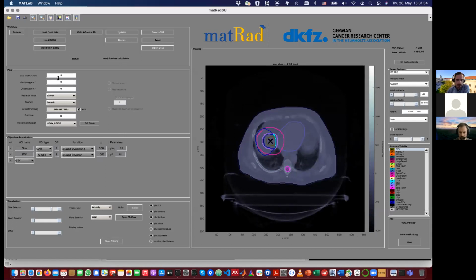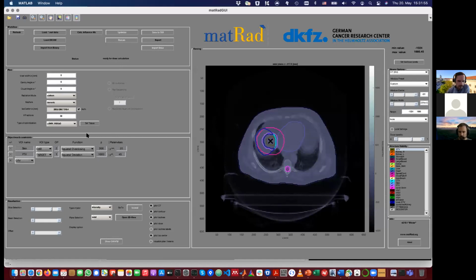Pixel width is 5 mm. If your computer is again slow or was slow during the optimizations previously, then just increase this to 6 or 7 millimeters. Your treatment plan will look slightly different, but the computation is much faster.